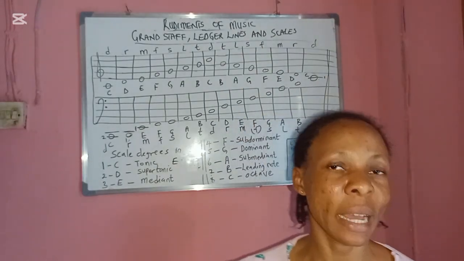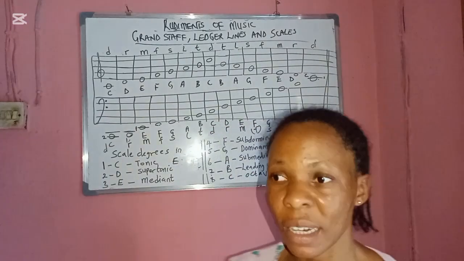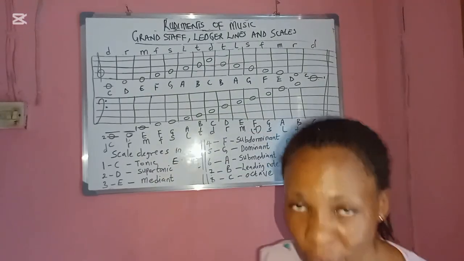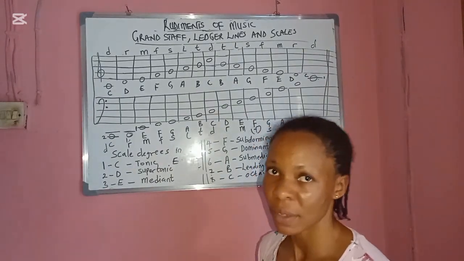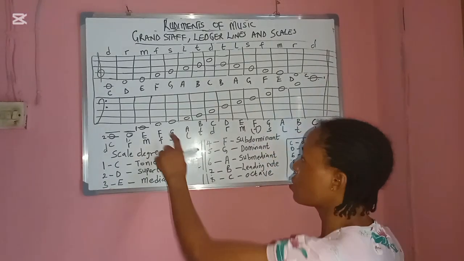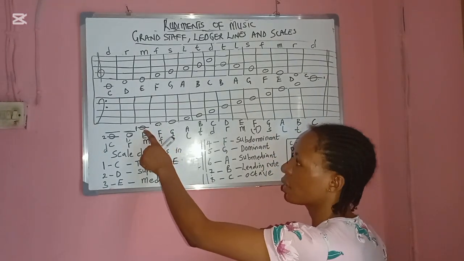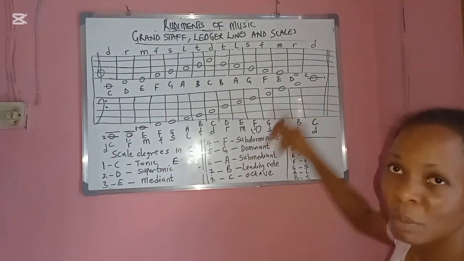And since we cannot write more than 5 lines, now we apply ledger lines, and the ledger line is a smaller line which is only attached when needed. You don't just write it and keep it for fun. You only use it when your composition needs it. So now before F, we have E. And if you see, this note looks like this one and it looks like this one, but they are different.